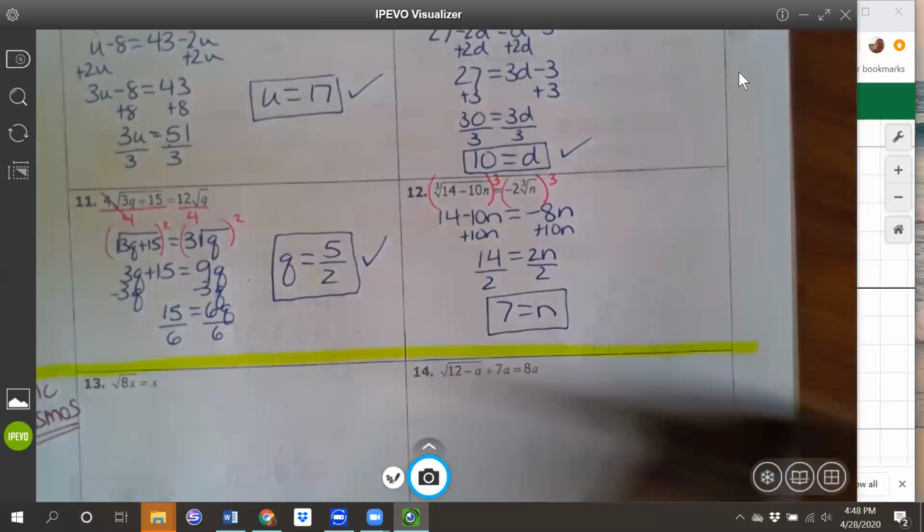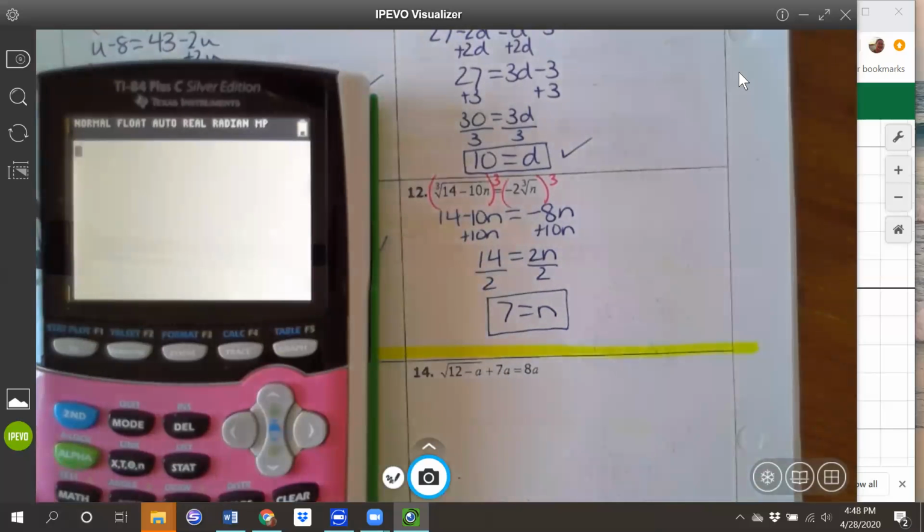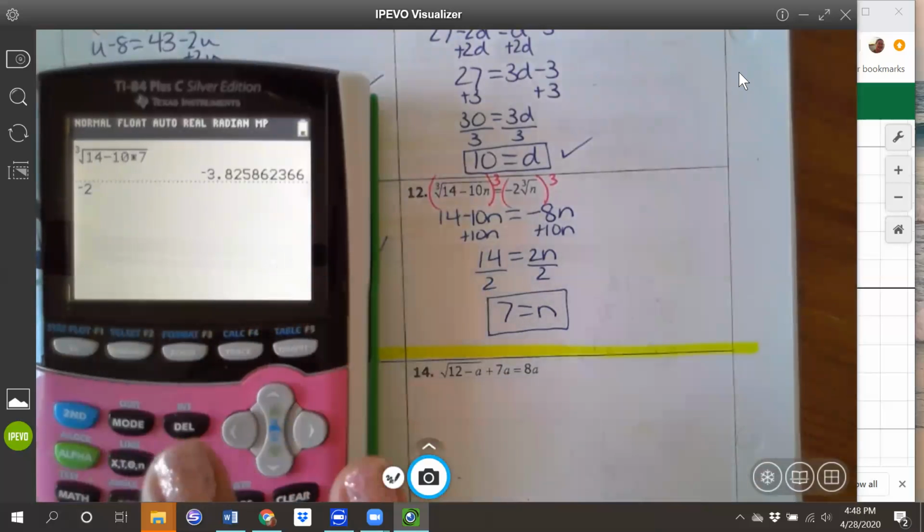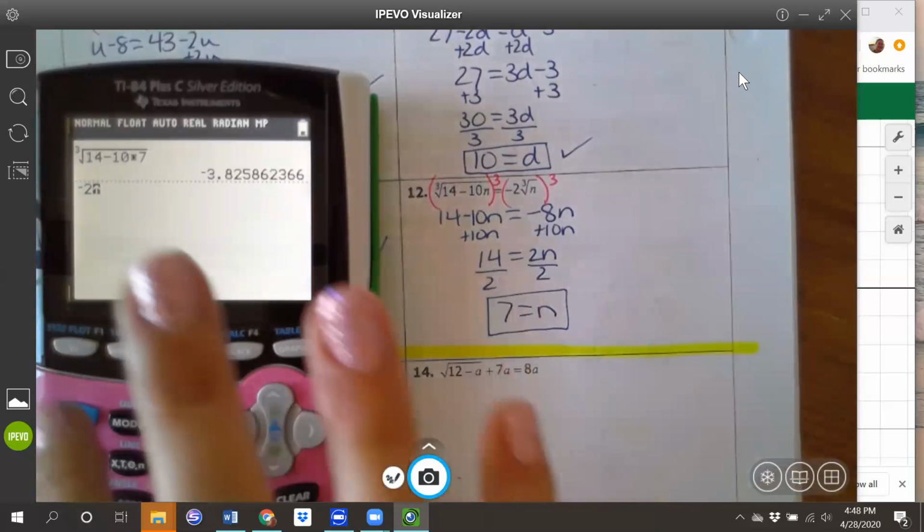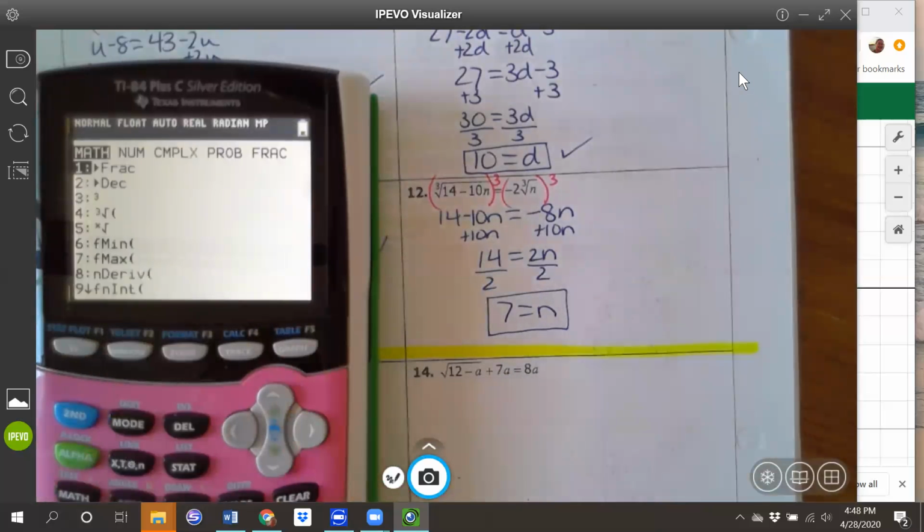All right, let me check it. If you think like, oh my gosh, why is she checking every single answer? It's because I have to. When I'm solving equations like this, the potential for me to be producing false answers is very, very likely. So I have to check every single answer.